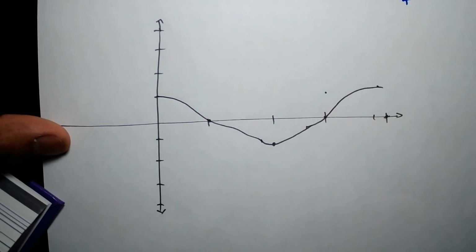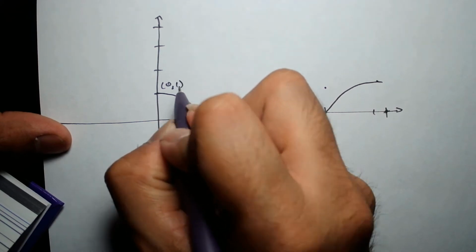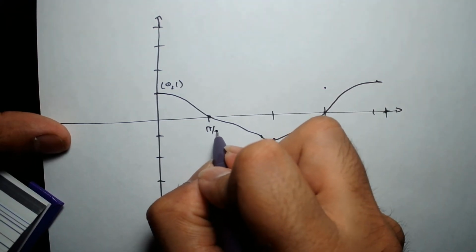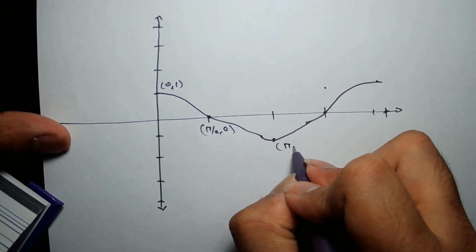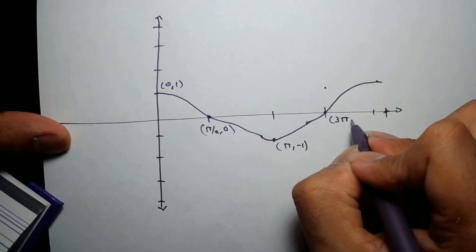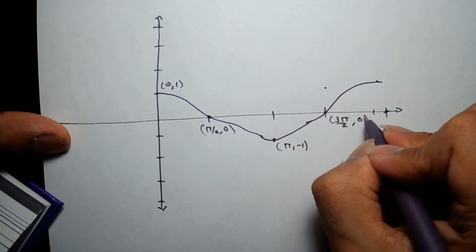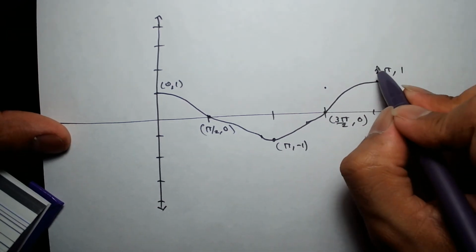It's not very pretty, but that's essentially cosine. That's 0, 1, pi over 2, 0, pi, negative 1, 3 pi over 2, comma 0, and 2 pi, comma 1.